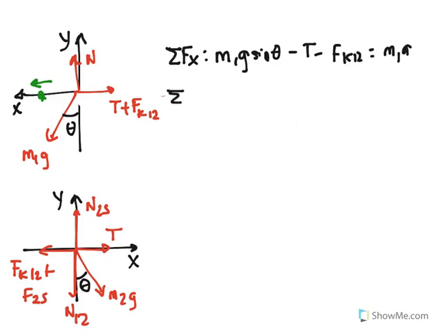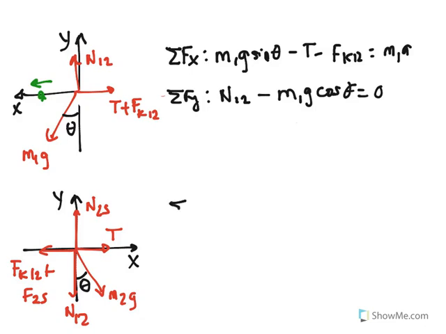The sum of forces in Y will state normal 1 with 2 minus mass 1 gravity cosine of theta equals 0. It is the cosine of theta because the component Y of the gravitational force in this diagram is adjacent to the angle theta.